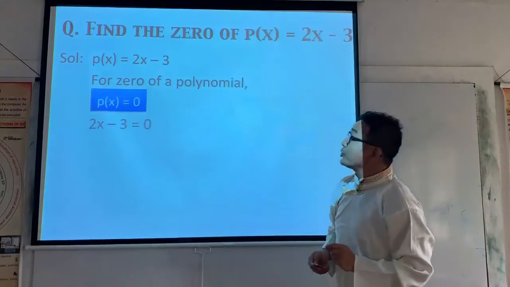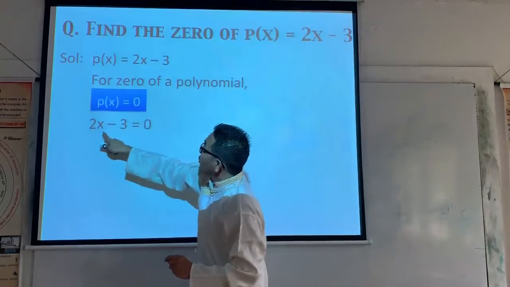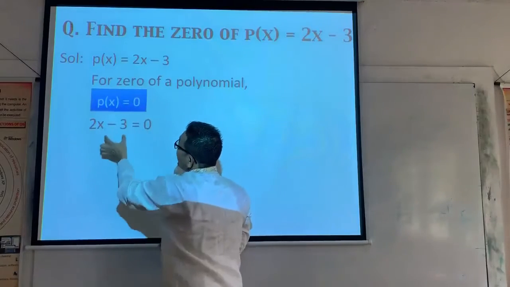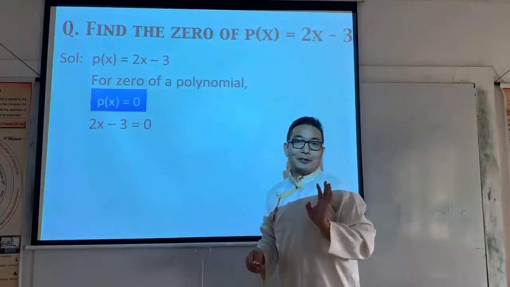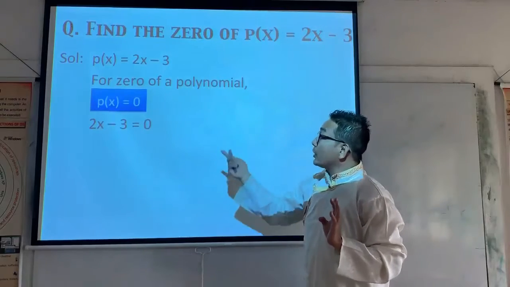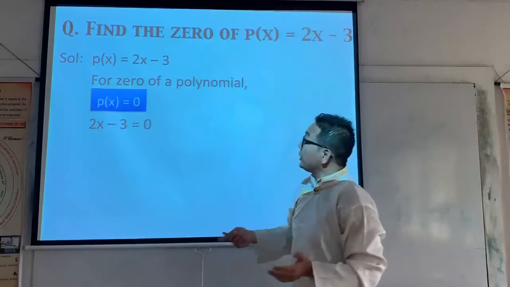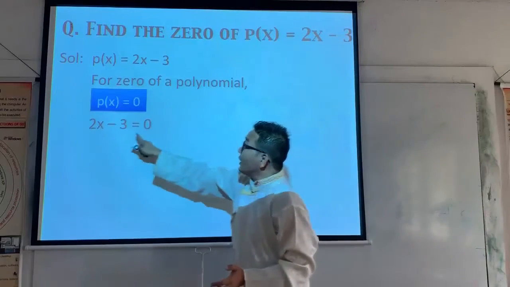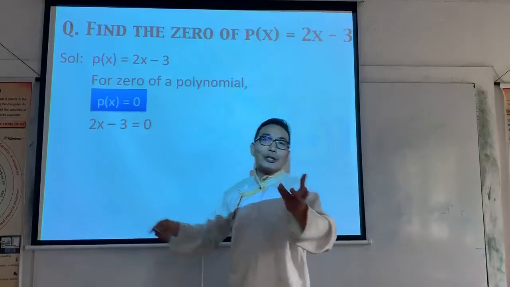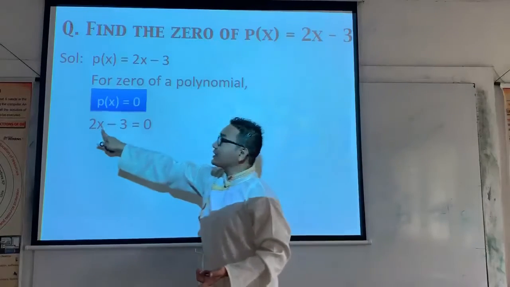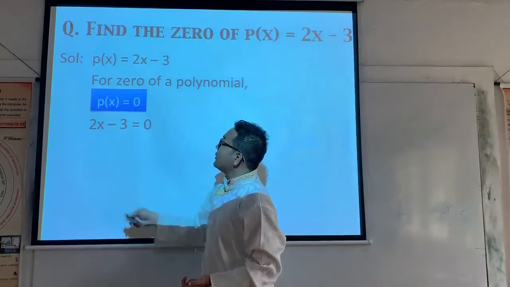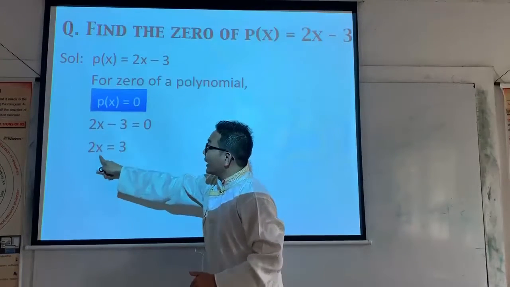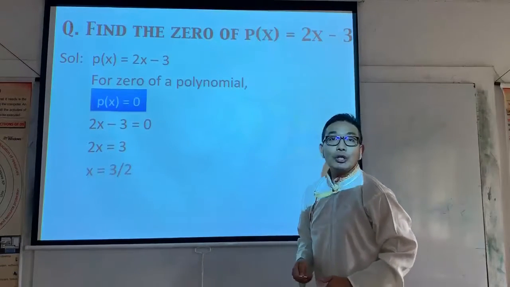For example, take the polynomial 2x minus 3. Setting the polynomial equal to 0, we get the equation 2x minus 3 equals 0. Instead of trial and error, we transpose: 2x equals 3, so x is equal to 3 upon 2.